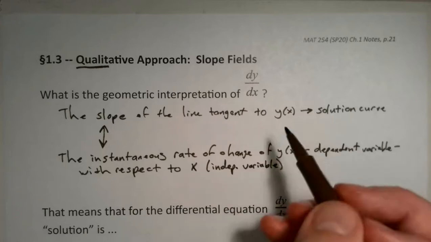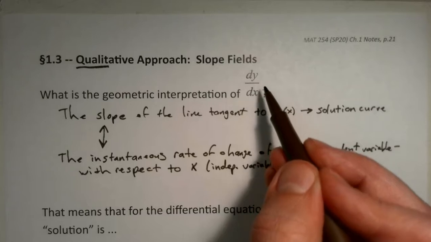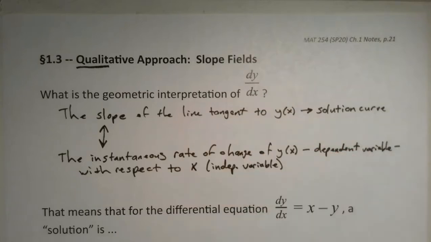So we can read that derivative as what's happening to the dependent variable with respect to the independent variable, or we can think of it as the slope of some tangent line to the curve.